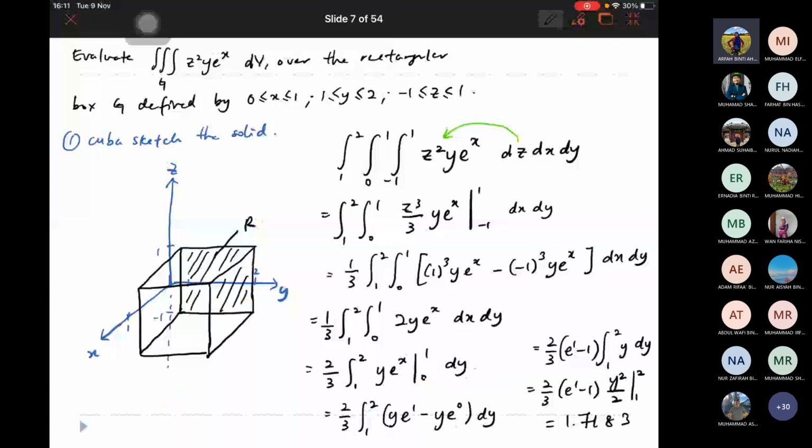Okay, this one. Ni jawapan akhir dia. Tiba-tiba hilang tadi. Okay. So, part 11. Saya bagi masa sekejap. Part 13 kita tengok balik.